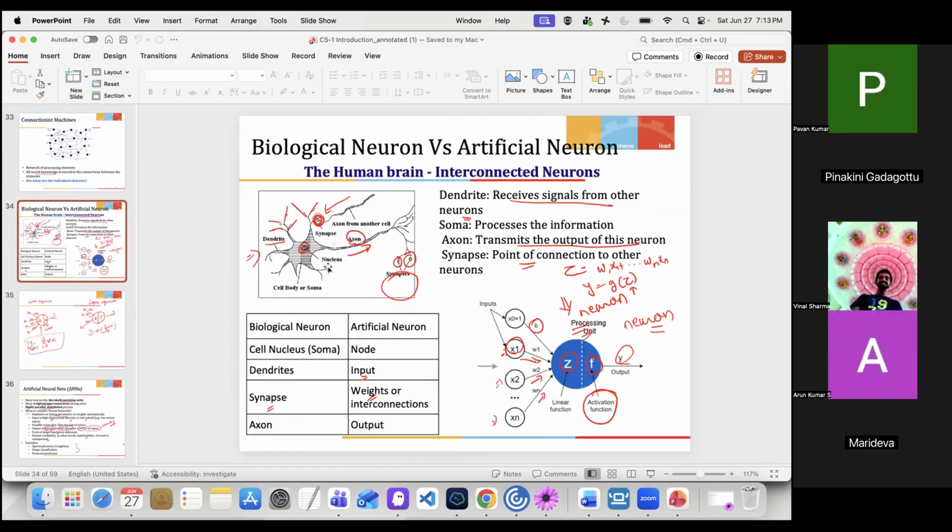So how does our brain work? There are some 86 billion neurons in the brain. If you create a network of neurons similar to how the brain works, we can solve any problem, in the sense of approximating the solution for any problem. Even the brain does the same thing.